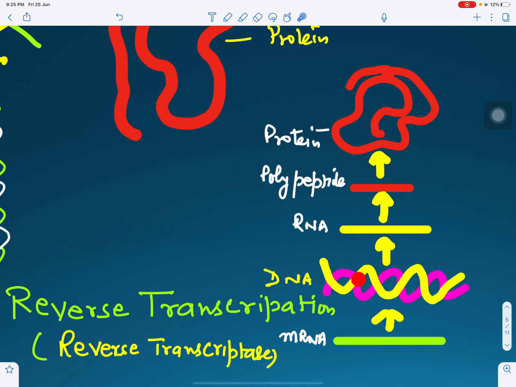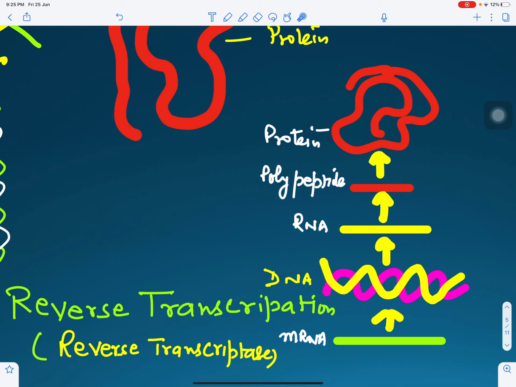Now from this DNA further RNA will be produced. Again this will be called transcription, and from RNA, polypeptide chain and then protein. This process will remain the same, formation of the protein, but this protein has been produced from the processed gene or from the messenger RNA. Messenger RNA has been converted to DNA. This is called reverse transcription.